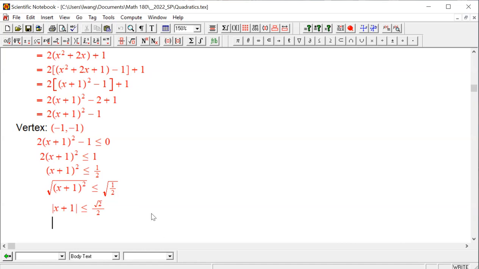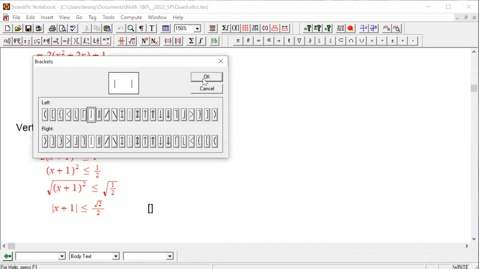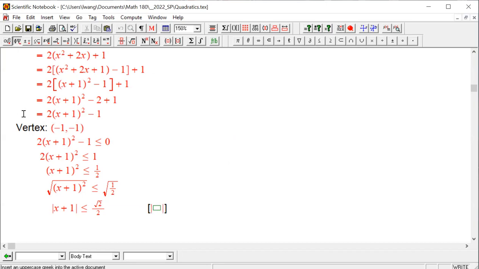And what is the model? We talked about these kinds of models before. So the absolute value of omega, in this case, is less than or equal to √2 over 2, right?